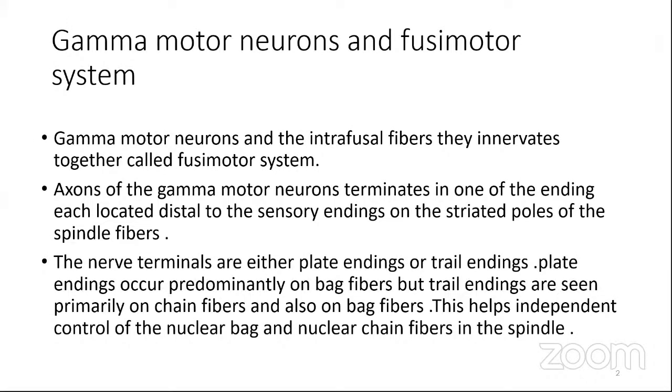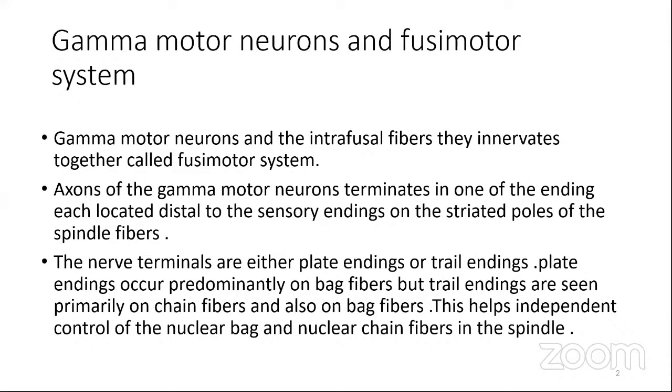Now we will discuss the gamma motor neurons and the fusimotor system. Gamma motor neurons and the intrafusal fibers they innervate together are called the fusimotor system. Axons of gamma motor neurons terminate in one of two endings, each located distal to the sensory endings on the striated poles of spindle fibers.